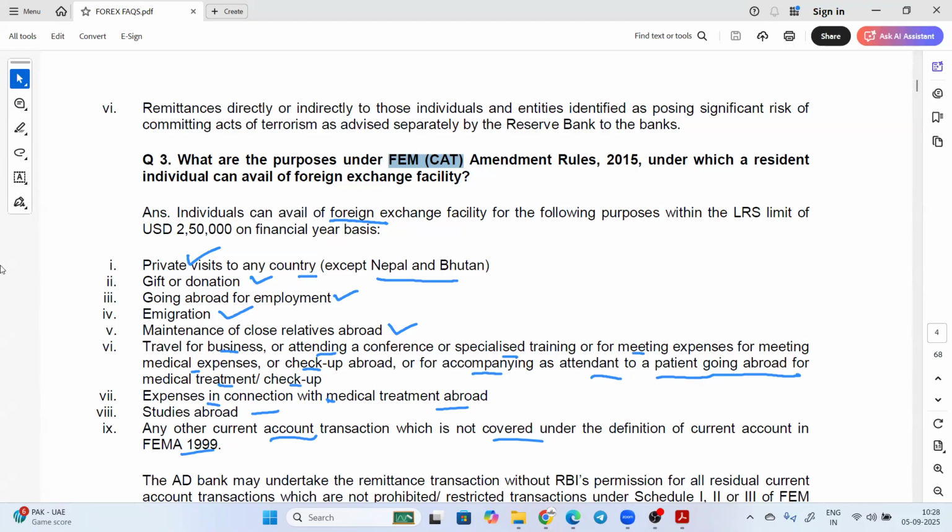For all these types of purposes, the resident individual can avail the foreign exchange facility.